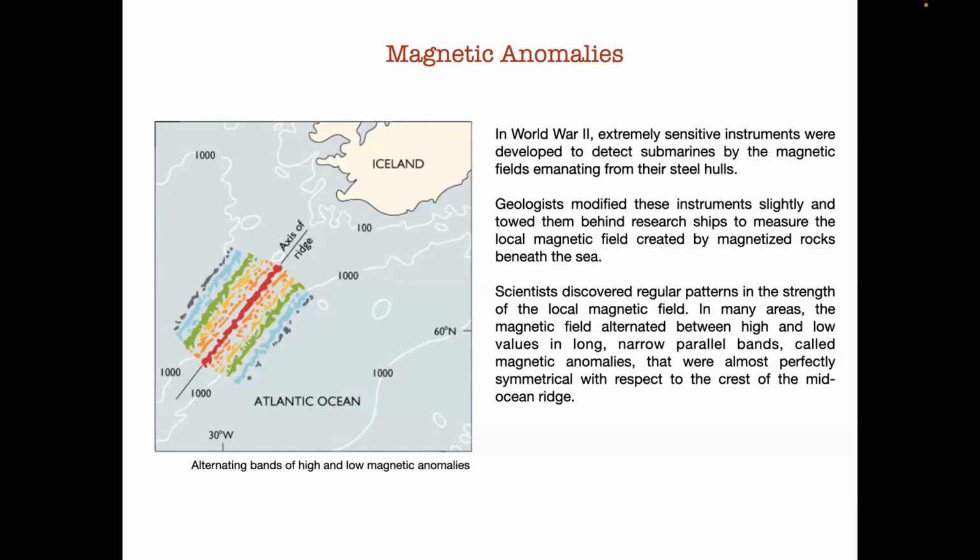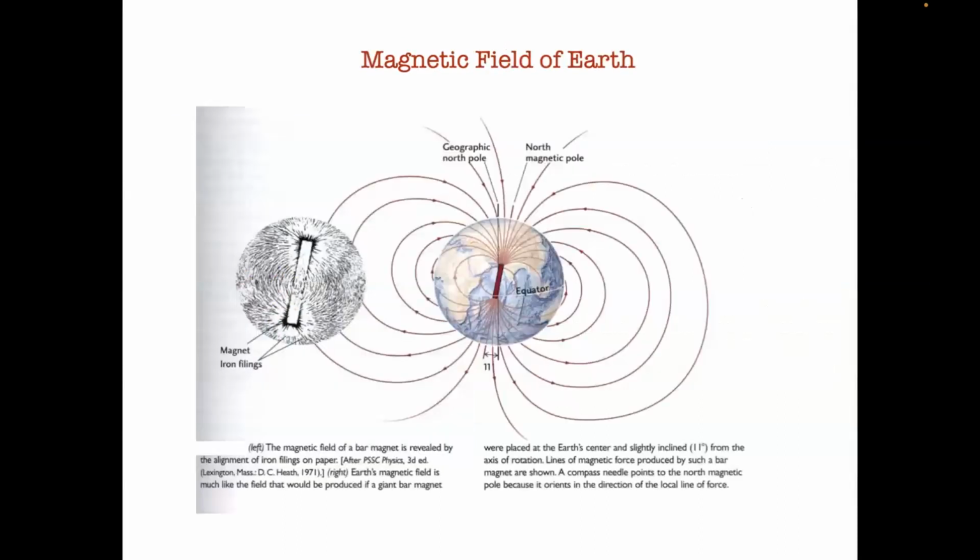To understand this better, let us first understand what the magnetic field of the earth is. This is a very basic thing; as physicists, you might already know about the magnetic dipole moment and the magnetic field of the earth. The magnetic field of the earth is very similar to that of a bar magnet.